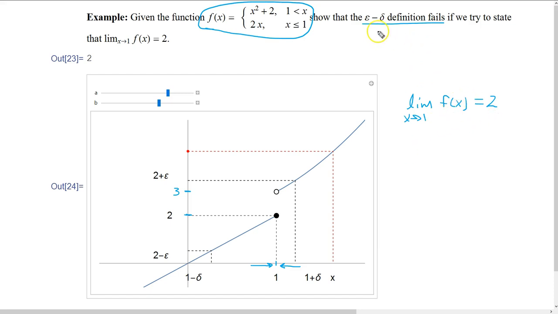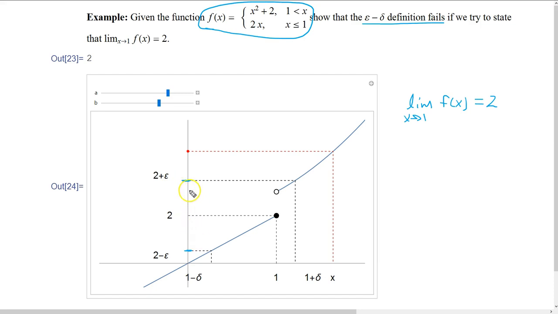Well, let's see why the epsilon-delta limit definition would fail. Notice that on our graph down here, we currently have 2 minus epsilon right there and 2 plus epsilon right there. So that's for some arbitrary number epsilon that's given.